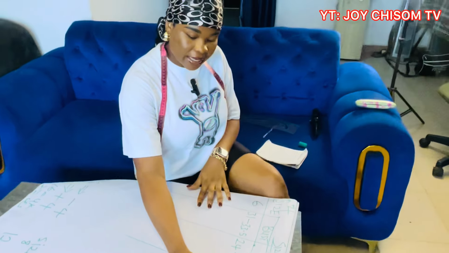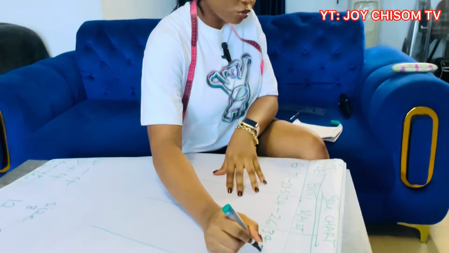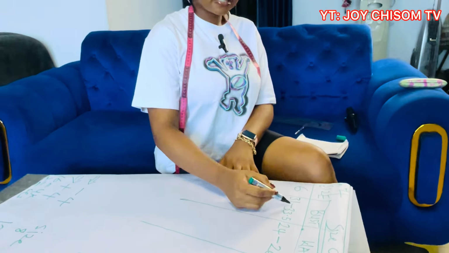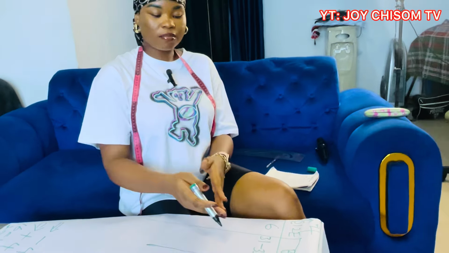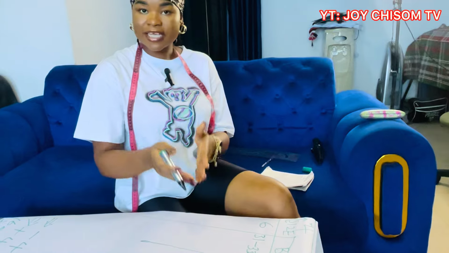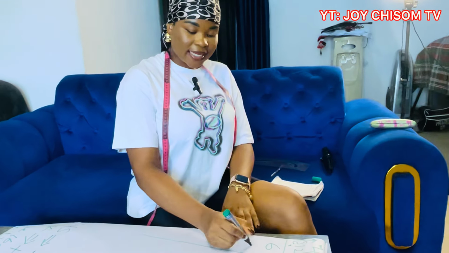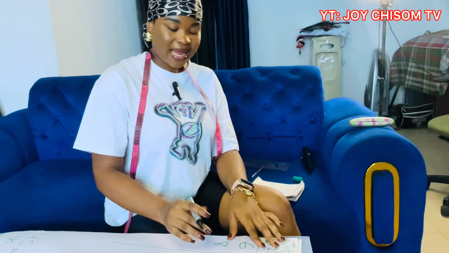So for the hip, you will now do size 34 to size what? 36. Remember, the bust measurements are different by 2 inches. But when it comes to size, I will do size 8 now. Remember, for this size I'm making, I did not say whether it's US or UK.